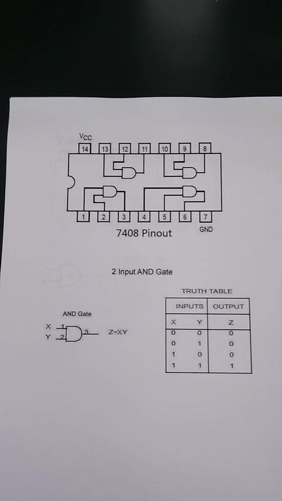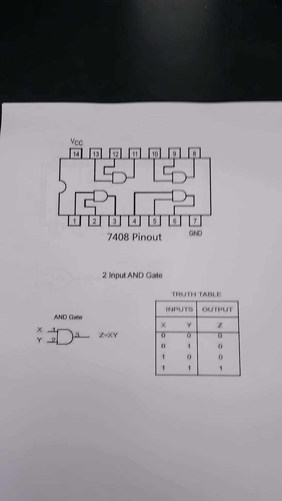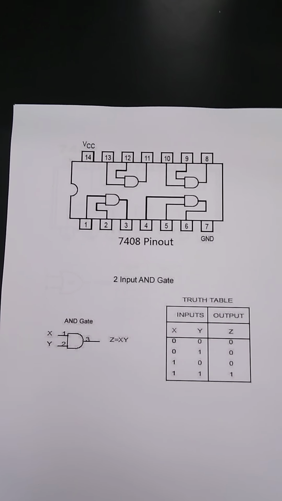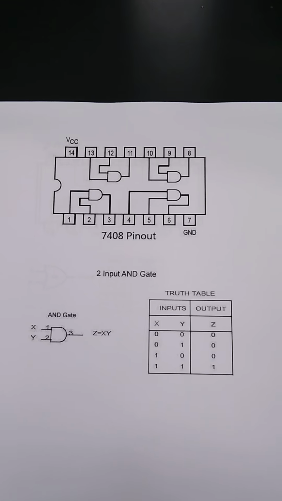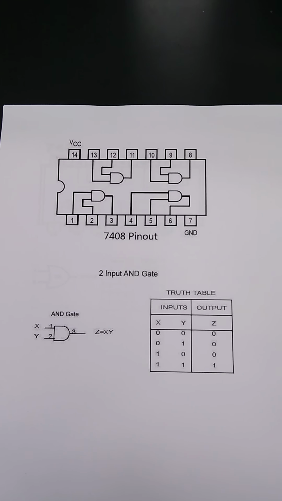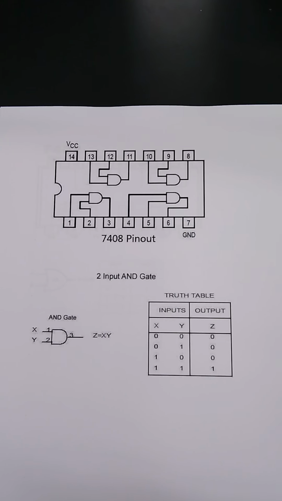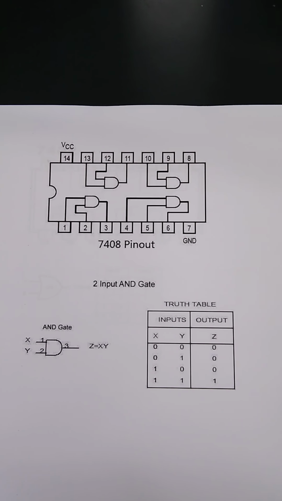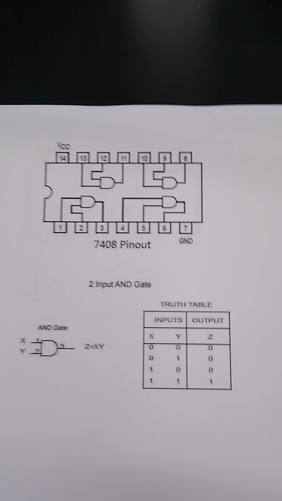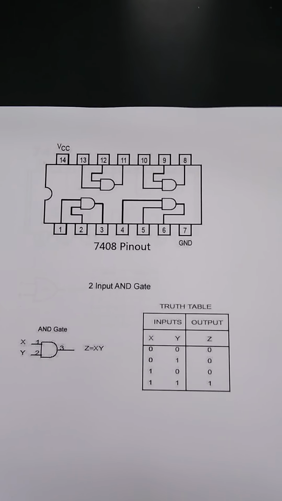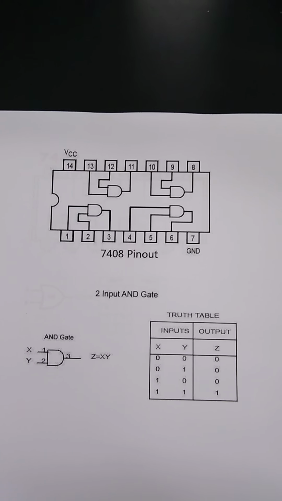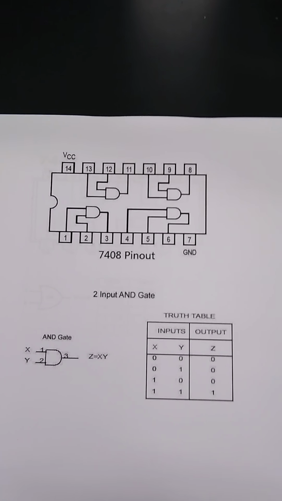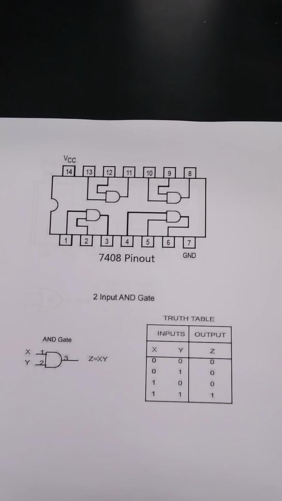Okay? So you need to check the first gate with the inputs 1 and 2 and the output in 3. The second gate has inputs 4 and 5 and the output in 6. The gate number 3 has inputs 9 and 10 and output 8. And the last gate, number 4, has the inputs in 12 and 13 and the output in 11.